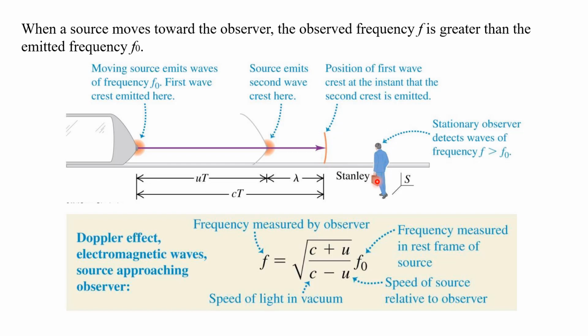Now, if Stanley is a stationary observer in the train station, he will detect waves of frequency f, which is greater than f naught. So when a source moves toward the observer, the frequency of the observer is f, which is greater than the emitted frequency f naught.